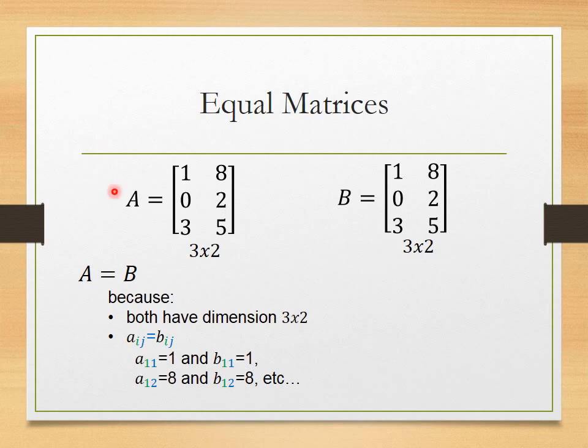Second row, first element is 0. Second row, second column is 2. Last row is 3 and 5, and we have 3 and 5. So each corresponding element, the elements in the same position, are equal. Because they have the same dimension and the corresponding elements are equal, we can say that the two matrices are equal.